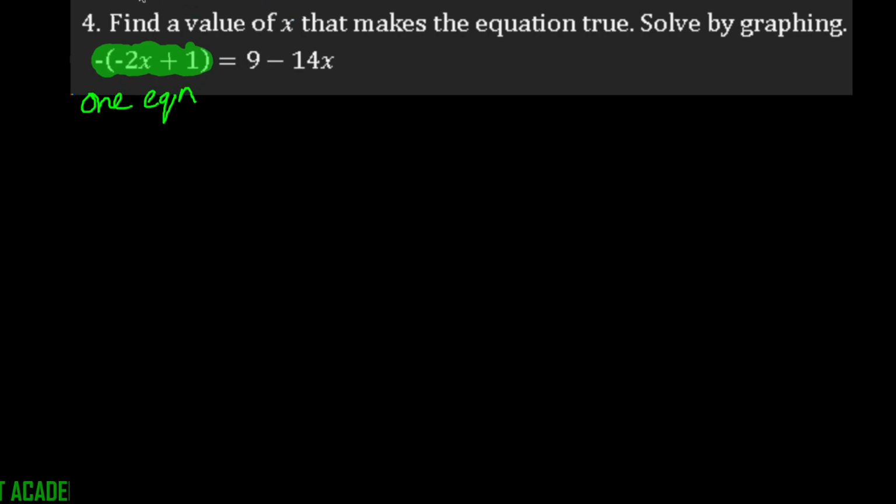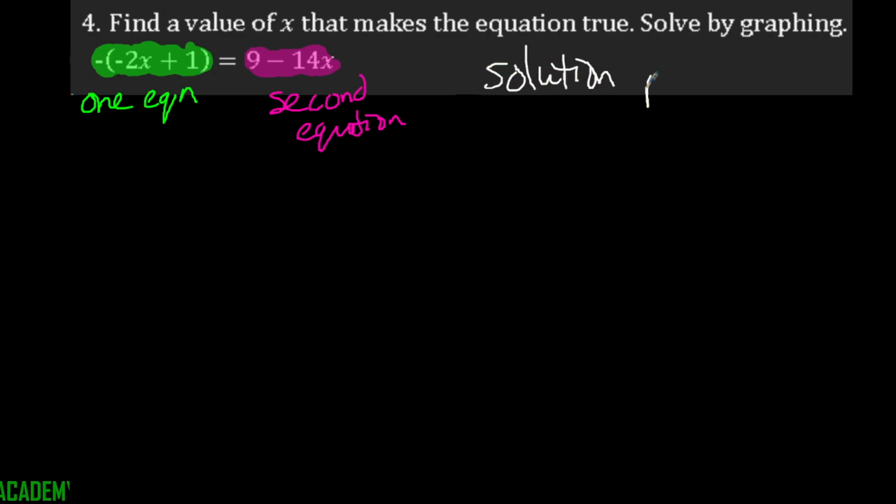And then we're going to say, here's another equation. So you're going to have 2 different lines. So second equation. So when you have 2 different lines, make sure you can graph those out. Find that solution point. Again, it is an x and a y value.